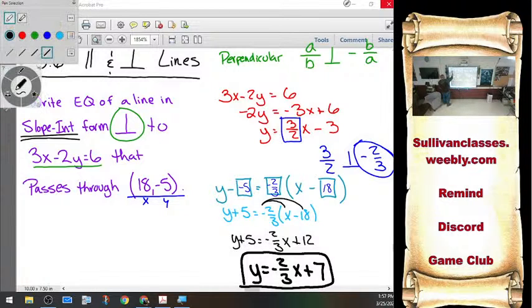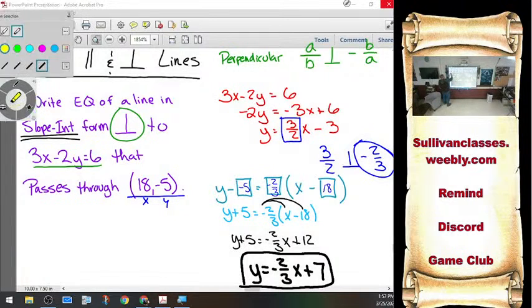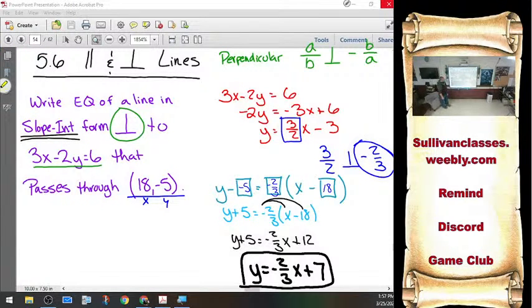Okay. Our steps. Step 1. You would have had to rearrange this, unless you remember the negative b over a, or negative a over b thing. It's a little trick that you can do to go from standard to slope.